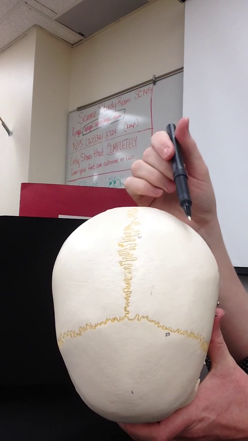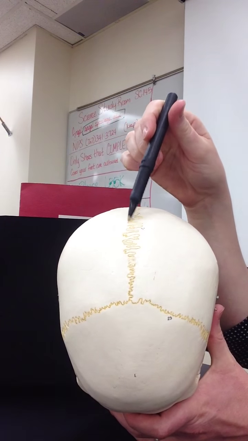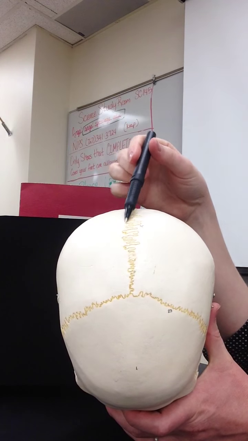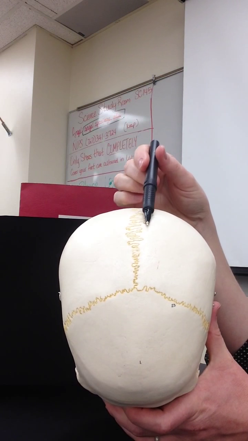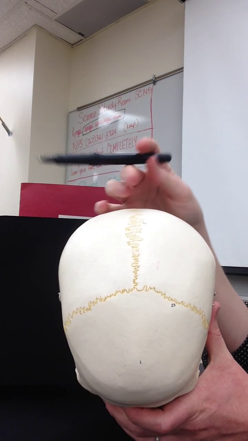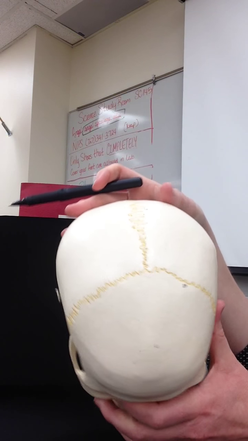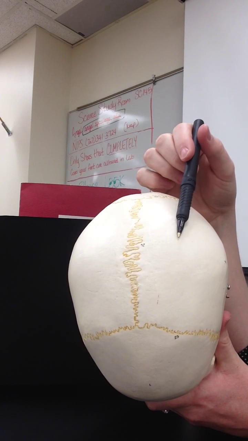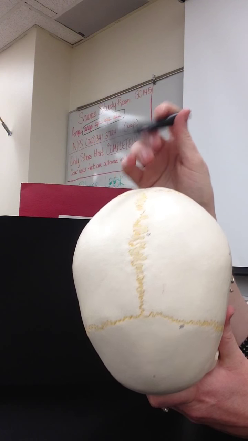The two parietals are connected at the sagittal suture, because sagittal means, remember that plane, midline, or the separation into right and left. So that's your sagittal suture, where you find the two parietals fusing. And that's all you need to know for the parietal bones: you have a right and a left one, and between them is the sagittal suture.